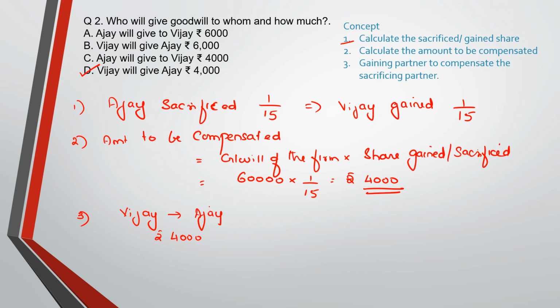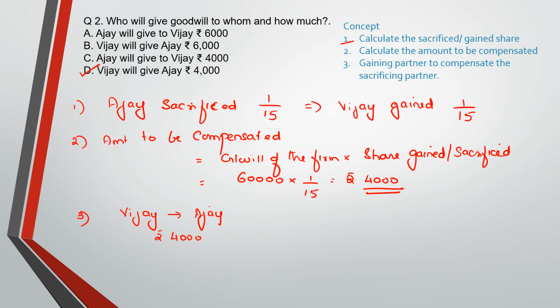I hope you have understood who has to compensate whom. The gaining partner has to compensate the sacrificing partner. How much is to be compensated? Take the goodwill of the firm, multiply it by the share sacrificed or gained to get the exact amount of compensation which has to go from the gaining partner to the sacrificing partner.